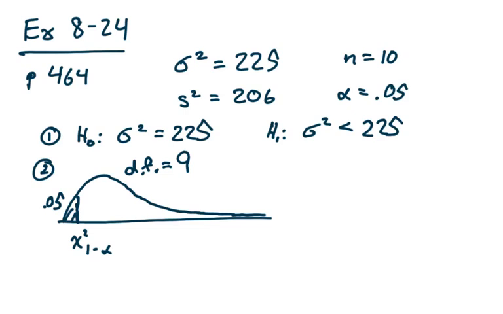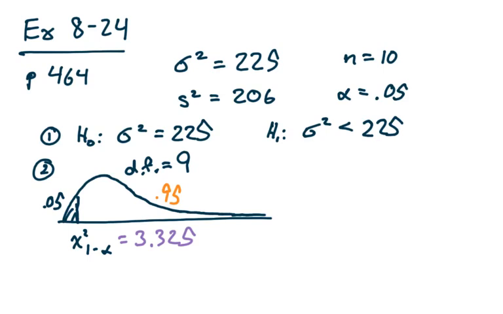The reason that we're doing 1 minus 0.05 is because that's the area to the right. And the chi-squared distribution only gives us areas to the right. And the value that we find in the table, so again, we're in row 9, corresponding to 9 degrees of freedom. We're going to just simply go over to the 0.95 column. Okay.